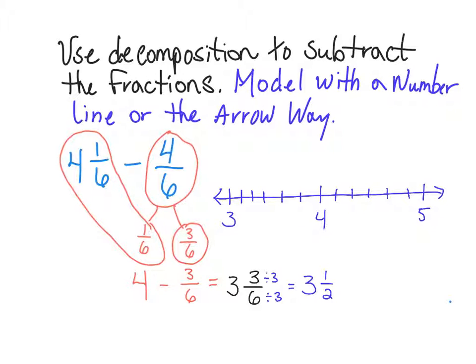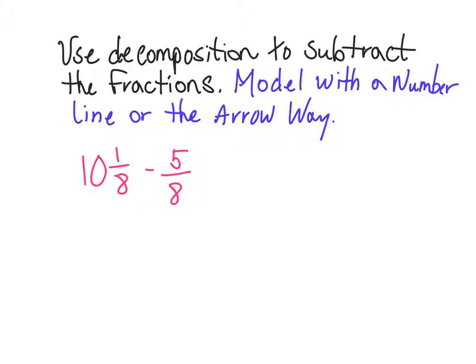We started off at 4 and 1/6, and we're taking away 4/6. So we have 1/6, 2/6, 3/6, 4/6. And we are left with 3 and 3/6, which is really the halfway point between 3 and 4, which makes sense that it is 3 1/2.